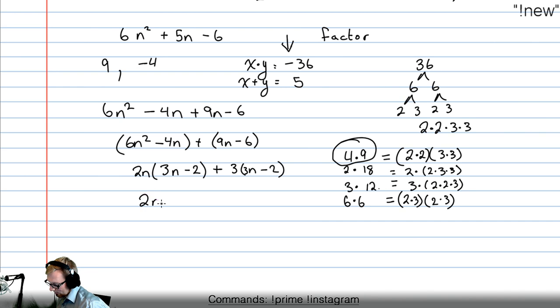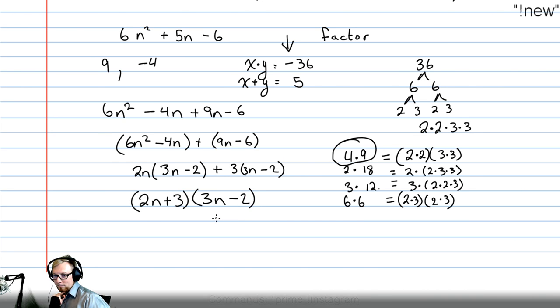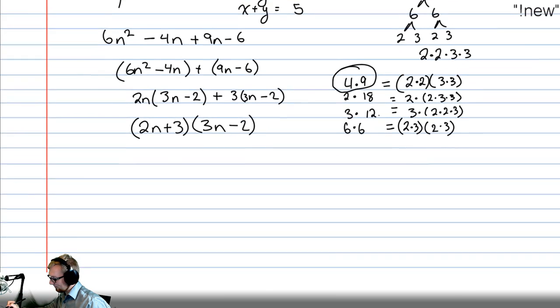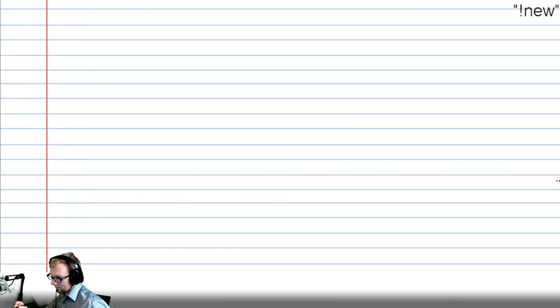So 2n plus 3 and 3n minus 2. Question 18. 16b squared plus 60b minus 100.